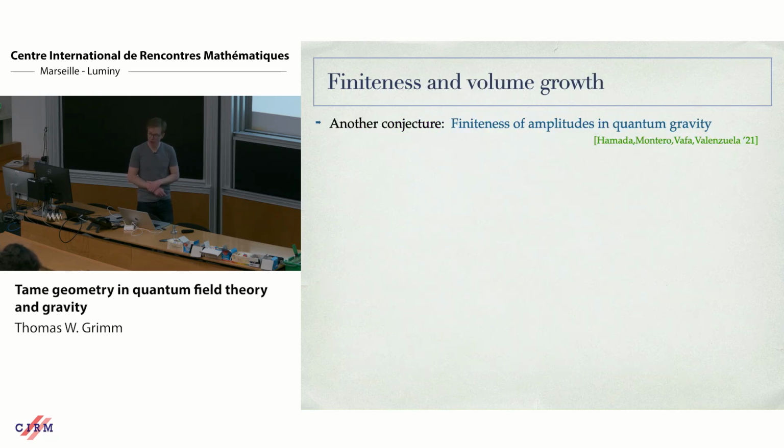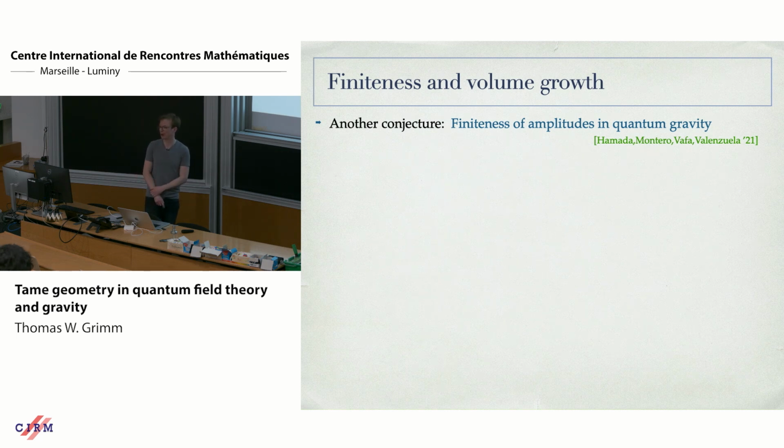Now, to conclude, I want to add one more, even more recent result, which means I will tell you one more conjecture and then translate it into something mathematical, which is maybe better understandable than the conjecture itself. There has been a conjecture about finiteness of quantum gravity amplitudes.